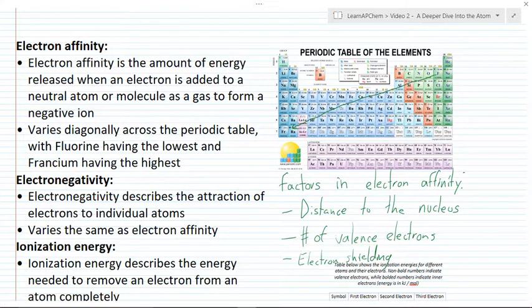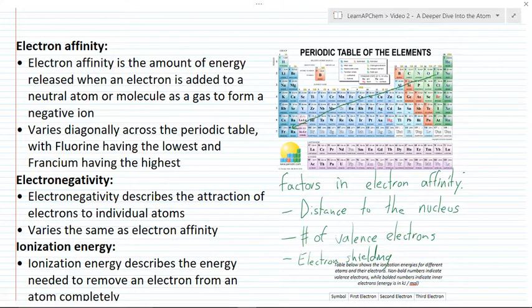But I would definitely just understand why that's the case, because things like distance to the nucleus, electron shielding, valence electrons come up all over the place. So if you understand why electron affinity works, you can understand other concepts much, much more easily.